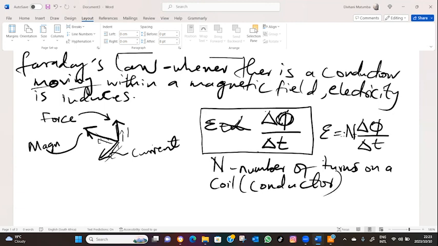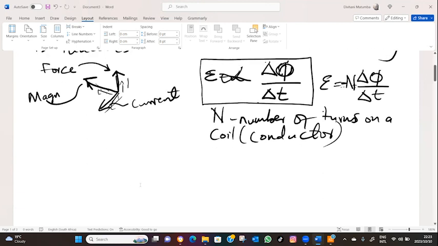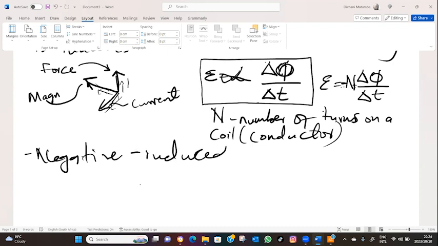Right. Now, sorry, there's a negative. I forgot. The negative in the formula shows that the induced current is opposite to the change in magnetic field.